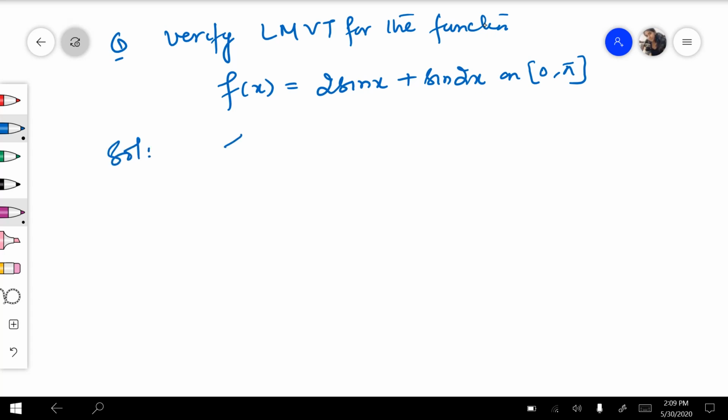So this time f of x is equal to 2 sine of x plus sine 2x on closed interval 0 pi.